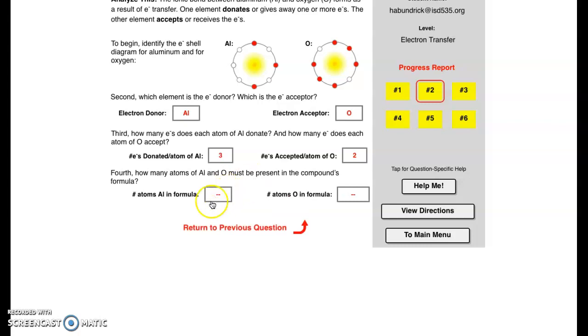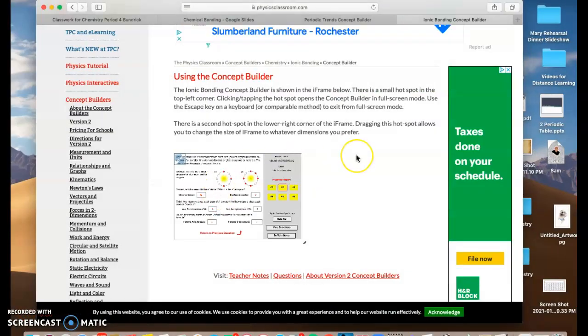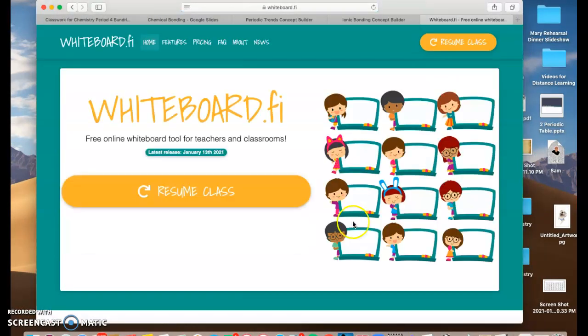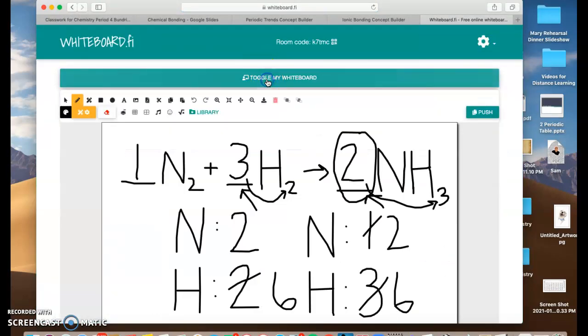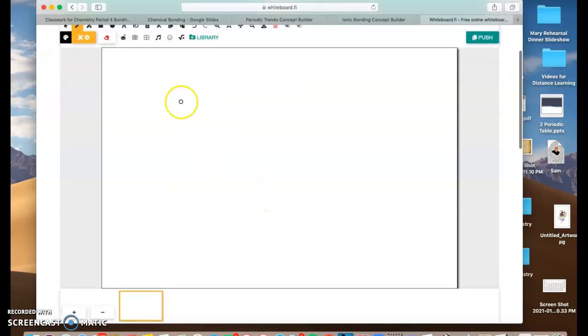Okay, this part is a little bit more tricky, and I think it's helpful to do this by looking at charges. Okay, so I'm going to bring up this. Okay, so aluminum has a +3 charge.